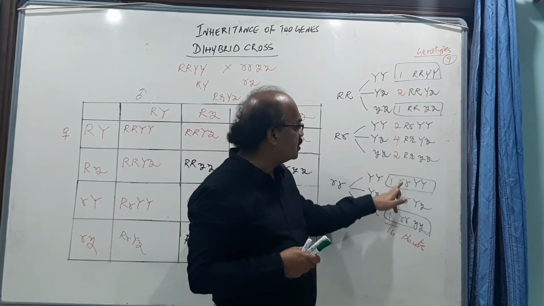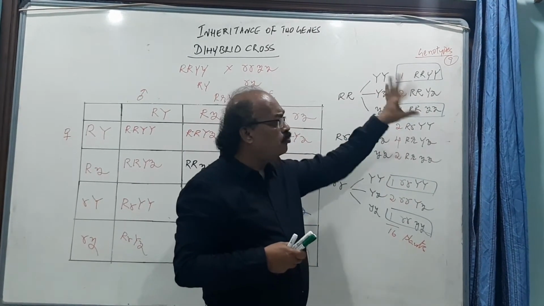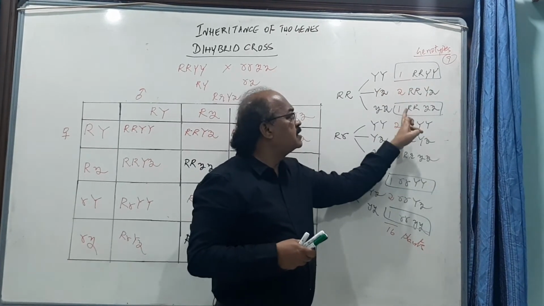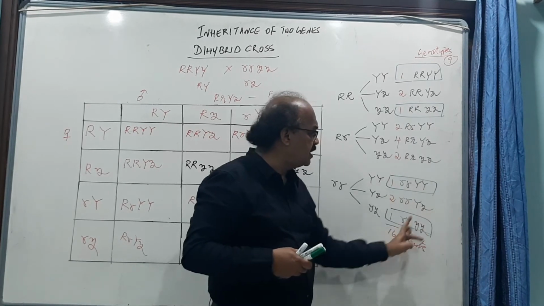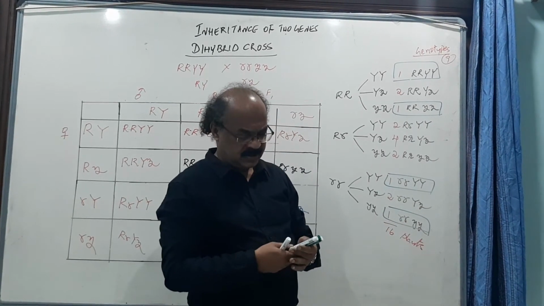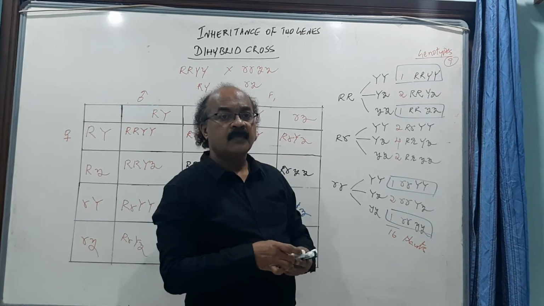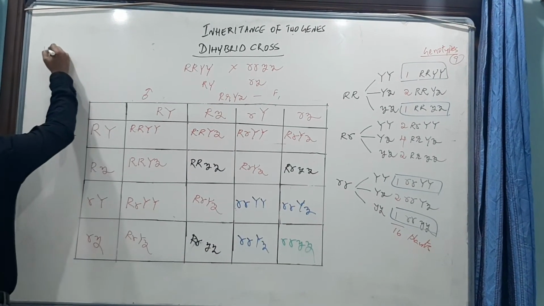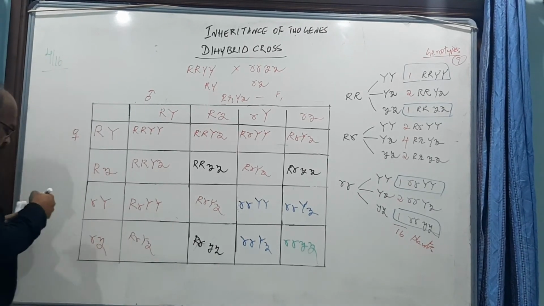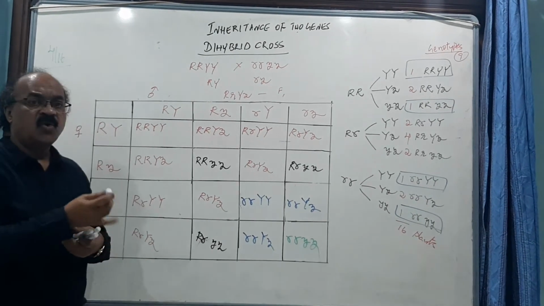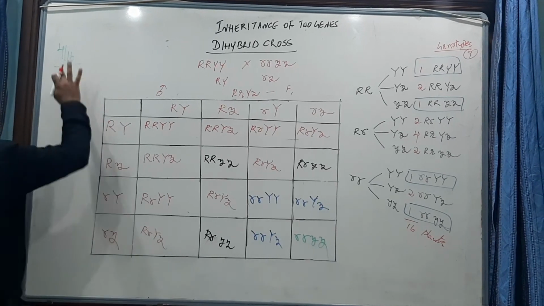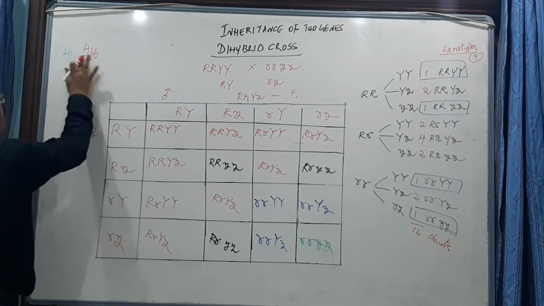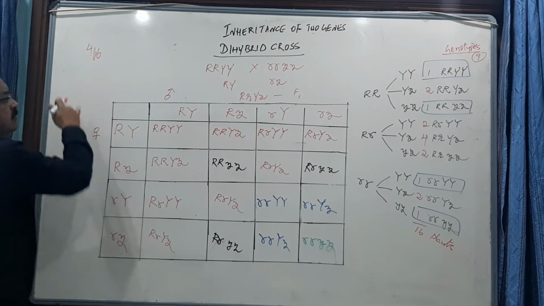Homozygous for both the characters. Double homozygous. Out of 16 plants, 4 are double homozygous.